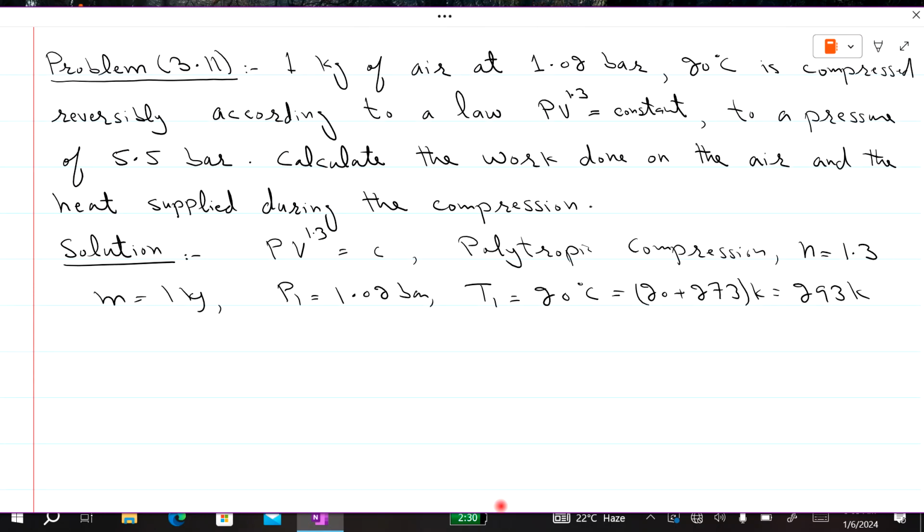The compression pressure increases to P2 equal to 5.5 bar. Calculate the work done and the heat supplied during the compression process.